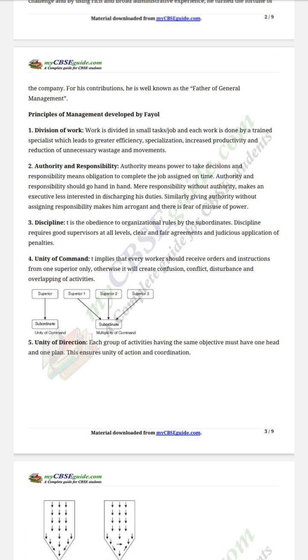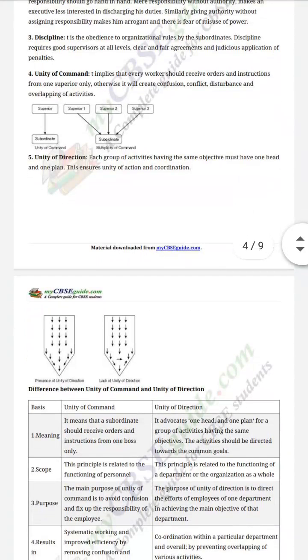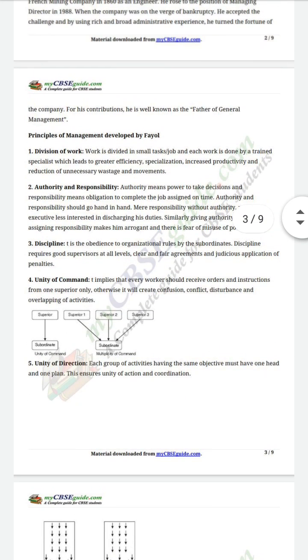In the Fayol principles, there are important principles followed by Fayol. So you have to study each and every principle: division of labor, authority, responsibility, discipline, unity of command, unity of direction. In the case study, definitely it includes some points related to these principles.